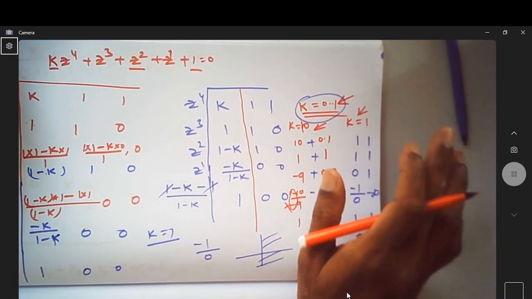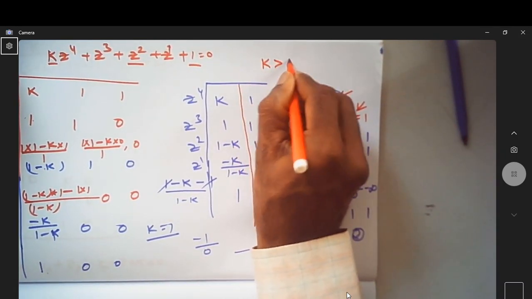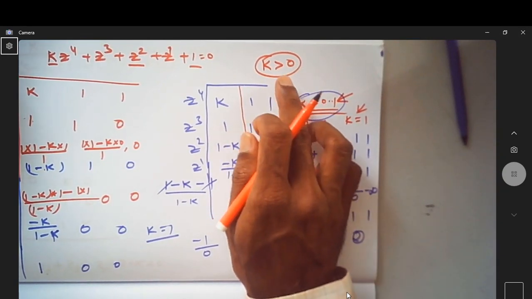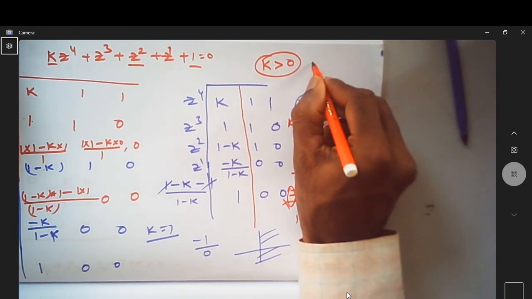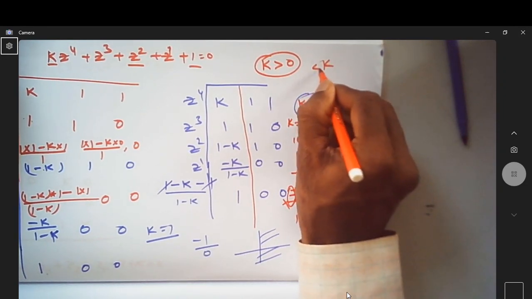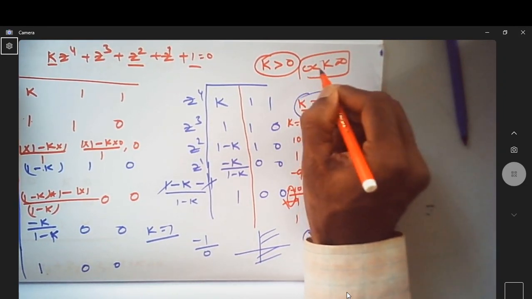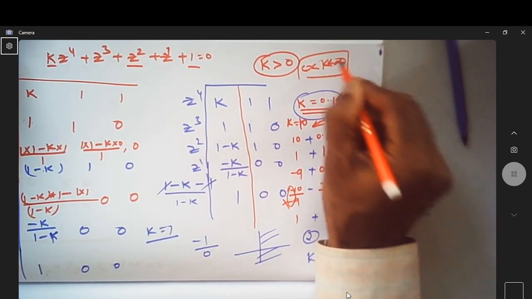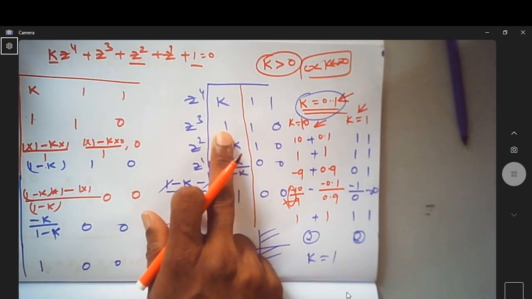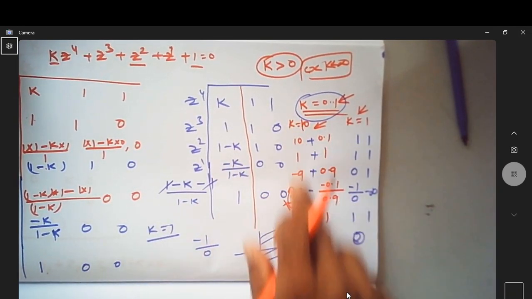Of course we are taking the value of k always greater than 0, between 0 and infinity. Anything greater than 0 but less than infinity, you will have 2 sign changes in the first column, as we just saw here.